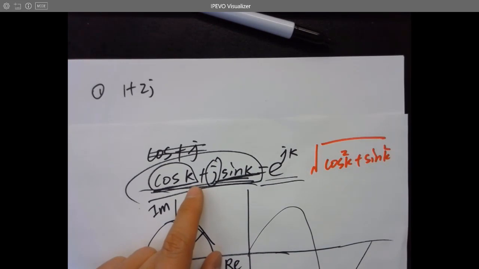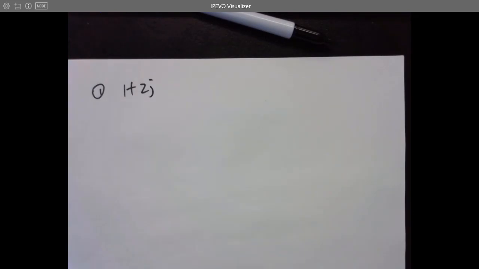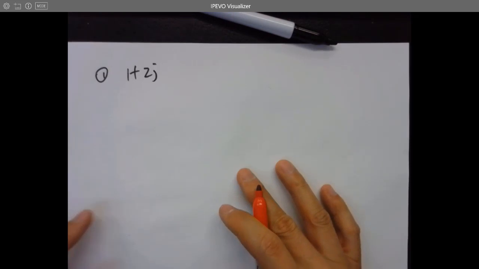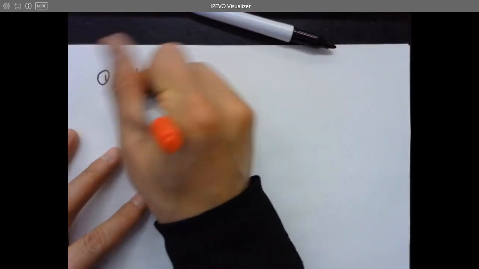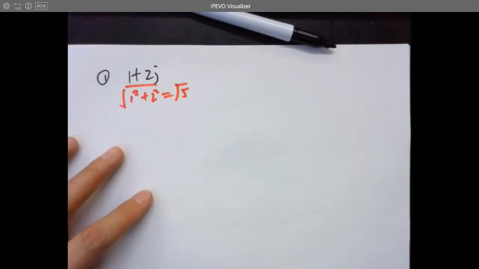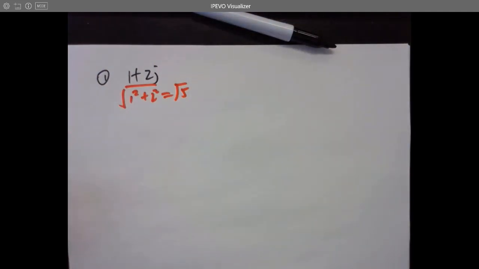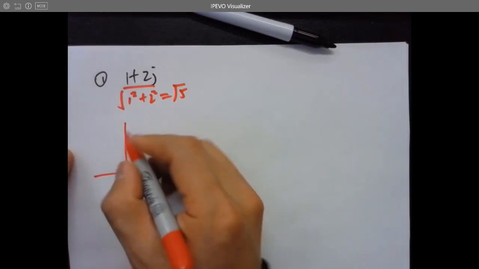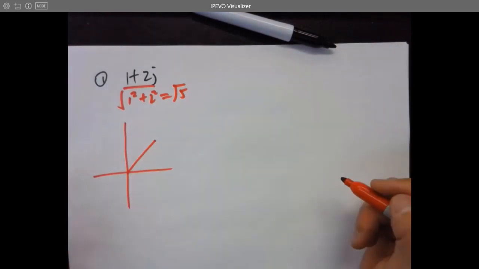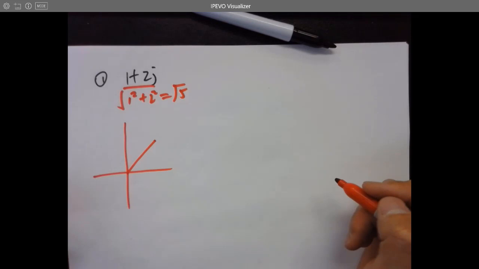And 1 means it's inside a unit circle. What's the amplitude here? Apparently it's not 1. It's just a longer bar.